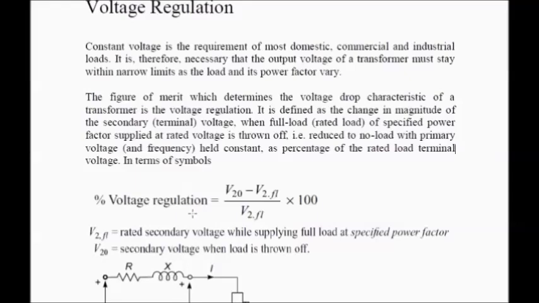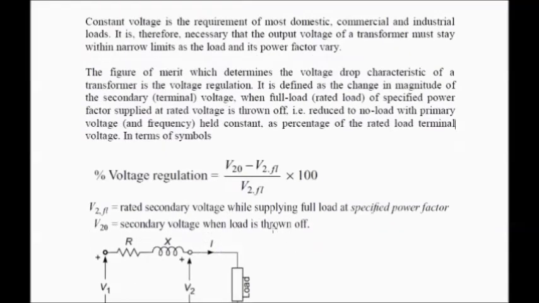In simple language, voltage regulation is the change in voltage from no load to full load divided by full load voltage. When we want it in percentage, we multiply this fraction by 100. So percentage regulation is mathematically (V2 naught minus V2 full load) upon V2 full load into 100, where V2 full load is the rated secondary voltage at full load and V2 naught is the secondary voltage at no load.